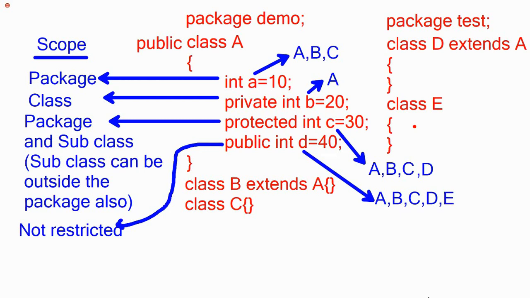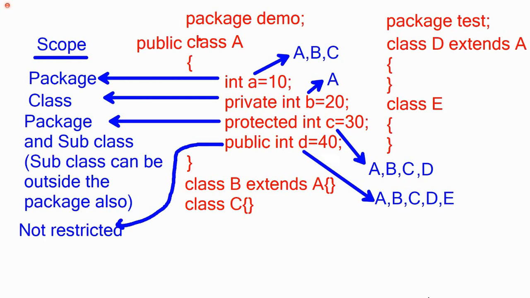For that also an access modifier is required. Suppose the variable is public but the class is non-public. How do you access this variable? An A object is required, but the class is not accessible. Then how will you create the object? You gave public for the variable, but you didn't give public for the class. Then it is not accessible. That's why this class must also be public.